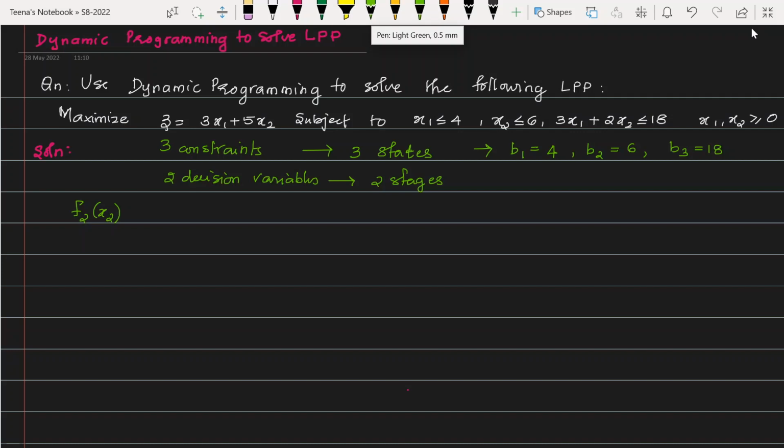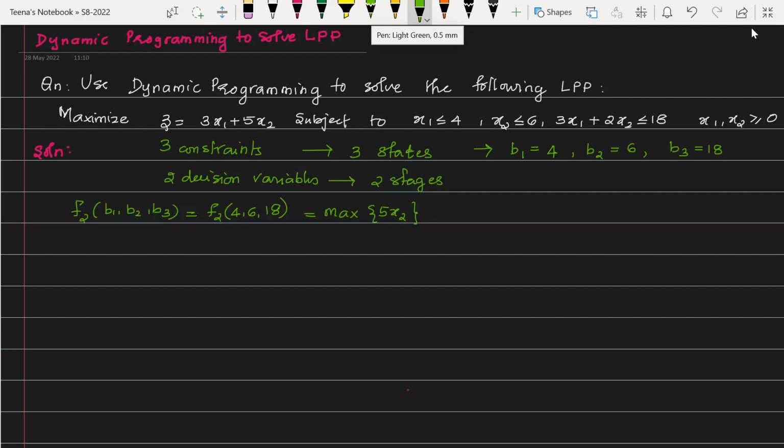Now actually it is f2 of b1, b2, b3, or to be specific this is f2 of 4, 6, 18. And this is the maximum of 5x2. Here we are considering only one stage at a time. So here we are considering the second stage. We are going back from the second stage to the first stage.